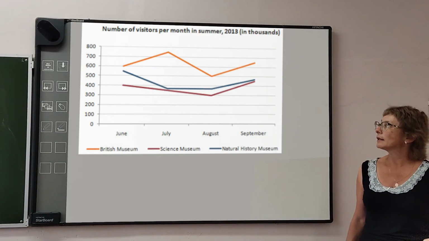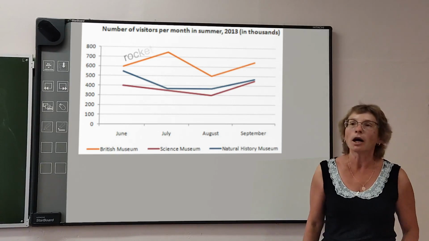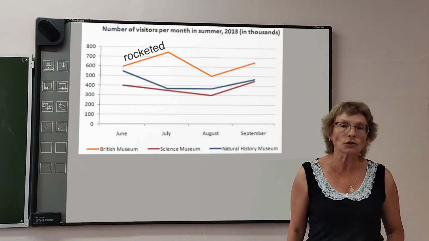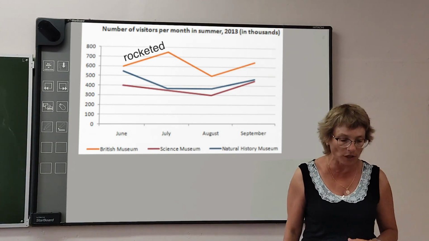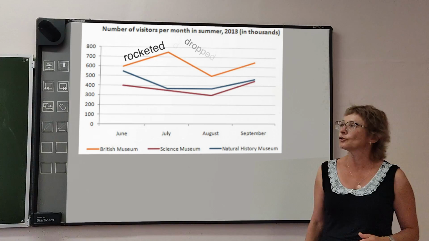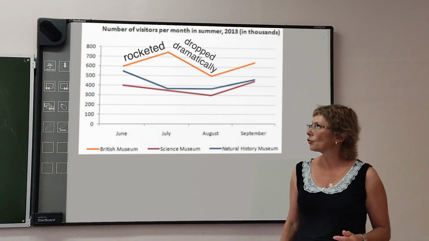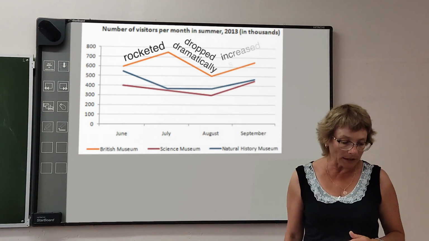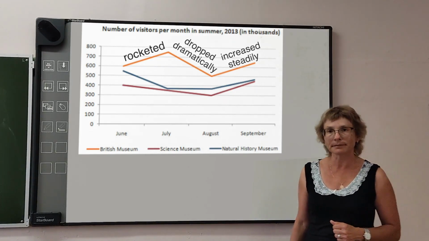So, the number of visitors to the British Museum rocketed from 600,000 to 750,000 from June to July, and dropped dramatically from July to August, and then increased steadily in September.